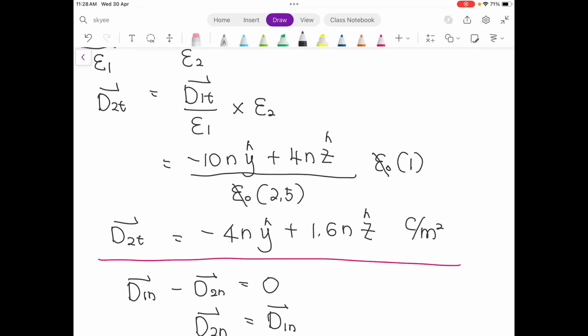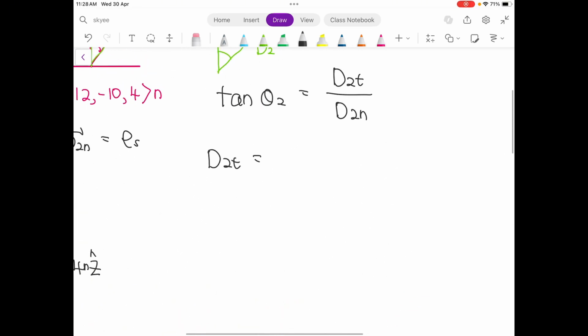You can calculate the square root of negative 4 nano squared plus 1.6 nano squared. It will be 4.3 nano. For D2n, it is 12 nano, direct.